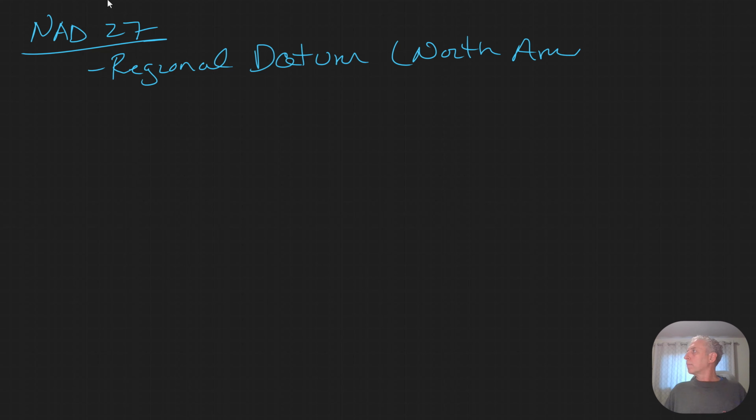So NAD 27 is a regional datum, with that region being North America. So it's intended to be a best fit to a particular region as opposed to the entire globe, the entire Earth. It's centered at Meads Ranch in Kansas.